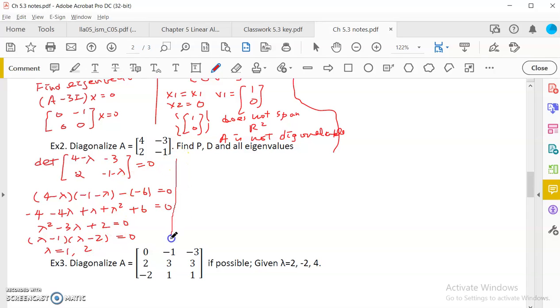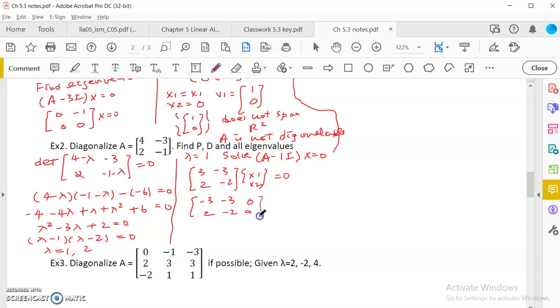We have two eigenvalues. Let's do lambda equal to 1 first. When lambda equals 1, we have to solve (A minus 1I)x equal to 0. So all the diagonal minus 1, so it'll be 3, -3, 2, -2, times x1, x2 equals 0. It's a homogeneous equation: 3, -3, 0, 2, -2, 0. You can do the RREF.